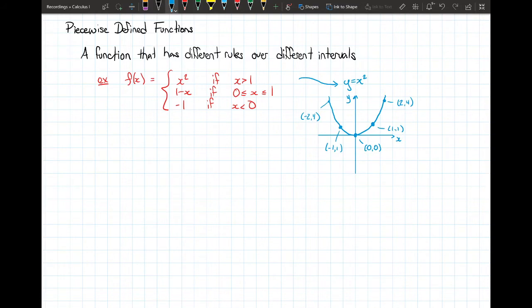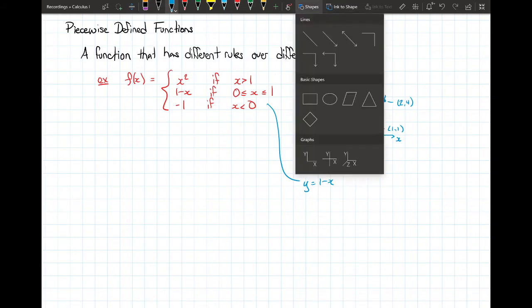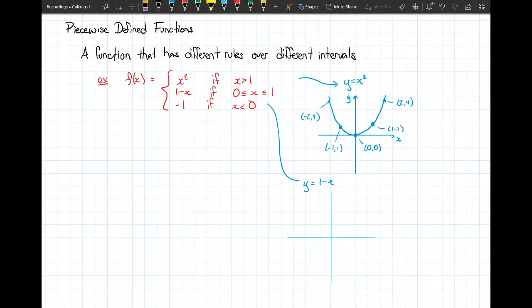Now, looking at the middle piece here, we have y equals 1 minus x. And now that's a pretty common shape as well. Hopefully you recognize that as being a line. And you can rewrite that, if you like, as y equals negative x plus 1, so you can see it's got a slope of minus 1 and a y-intercept of positive 1.